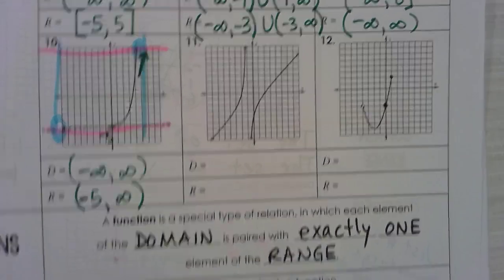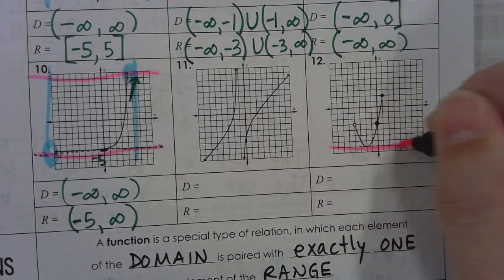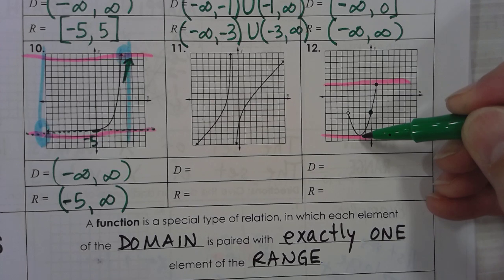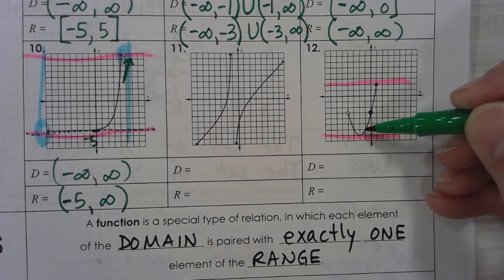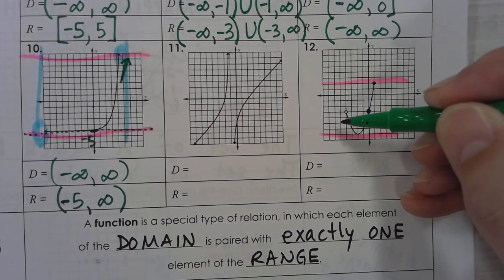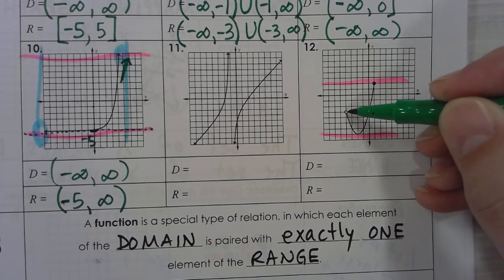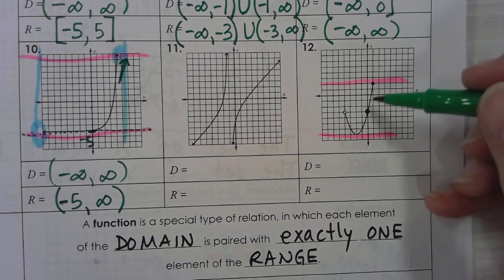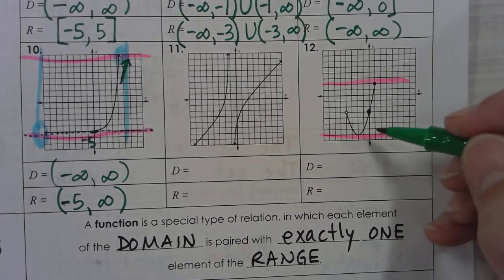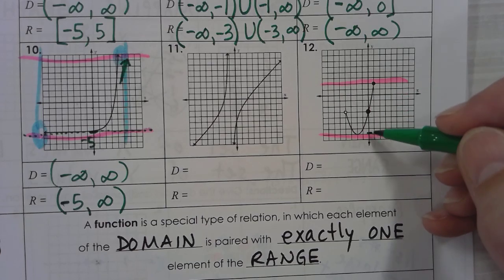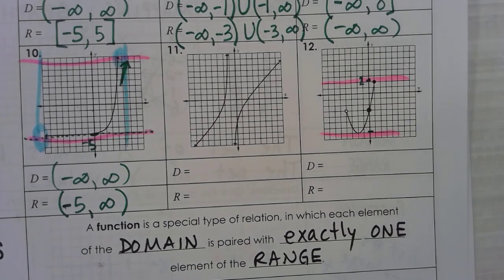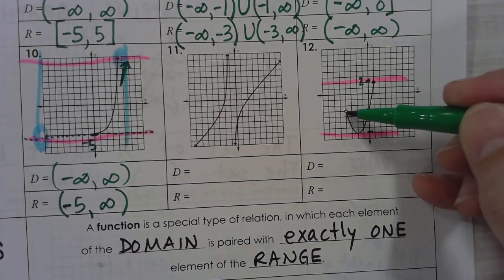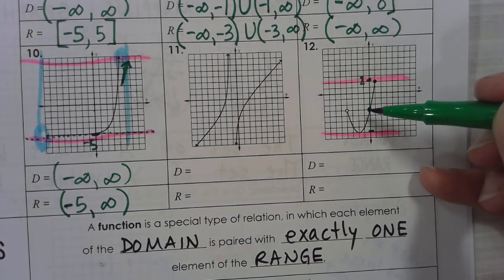Okay, so if I'm talking about my y values from the bottom to the top, there are points all the way through here. There's no point here, but this one fills that one in, right? And then it keeps going all the way up to here. So I have a y value all the way from whatever number this is, negative whatever, all the way up to positive 2. Does that make sense? There aren't any breaks in between there. Even though this is open, this other side of the line covers it up, right?